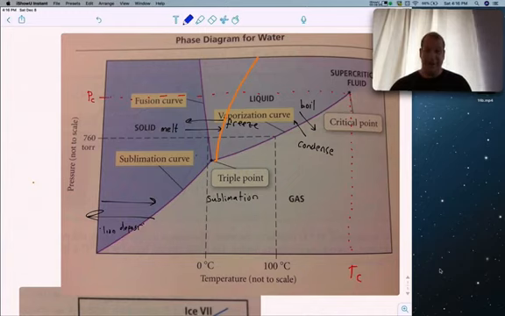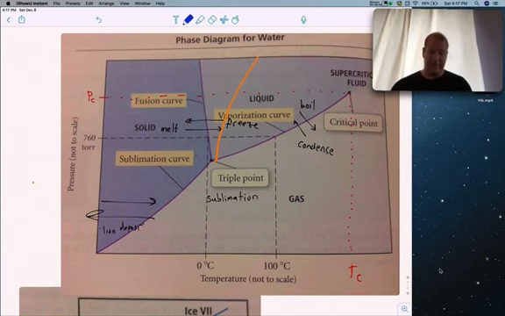Also, as I've marked up there, when a solid goes to liquid, that's known as melting. When the liquid goes to solid, that's known as freezing. When a liquid goes to vapor, that's known as boiling. And when vapor goes to liquid, that's known as condensation or condensing. And water is strange. What's strange about water, among other things, is that this curve goes this way.